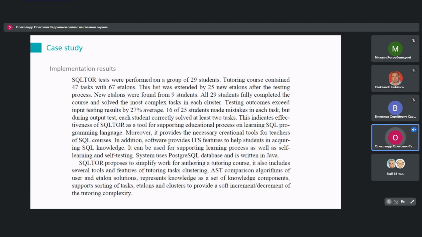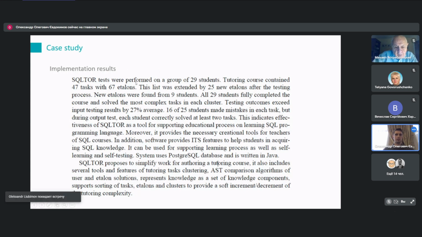The case study was tested on 29 real students. The tutoring course contained 47 tasks with 67 etalons. And after testing, the output testing outcomes exceed the input testing by 27%.